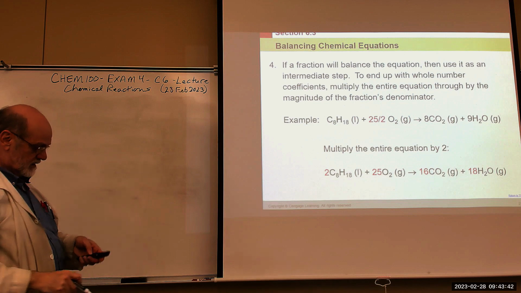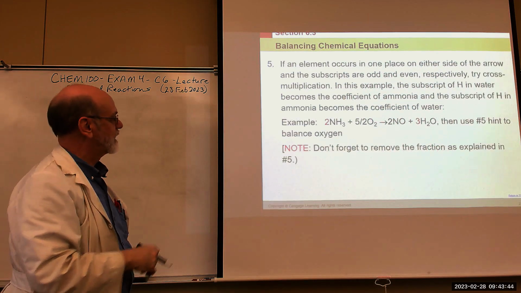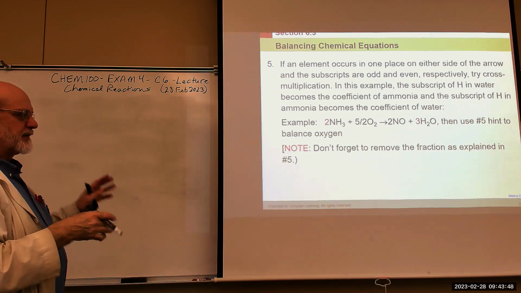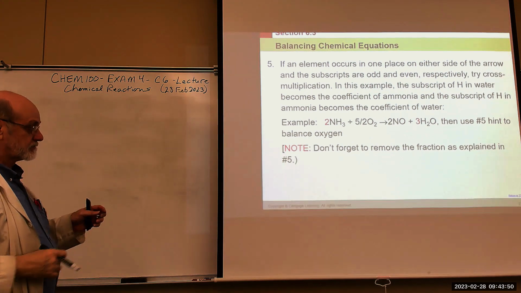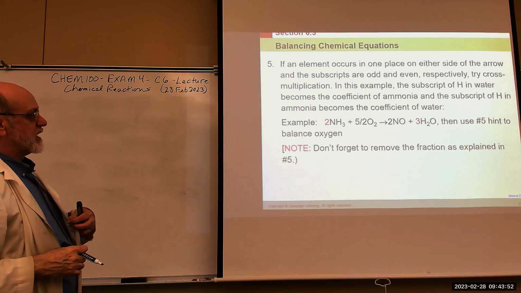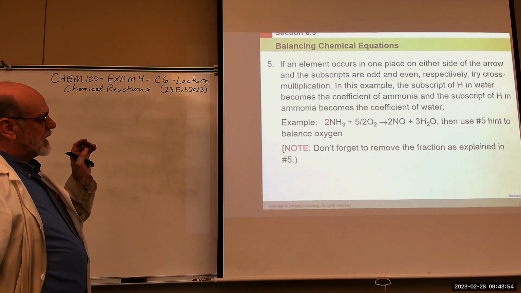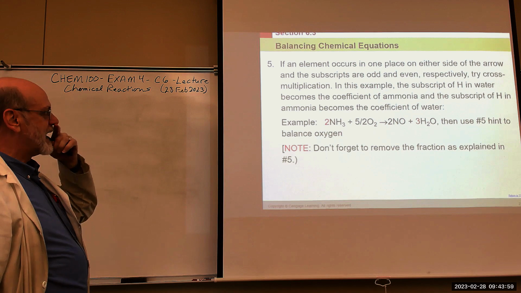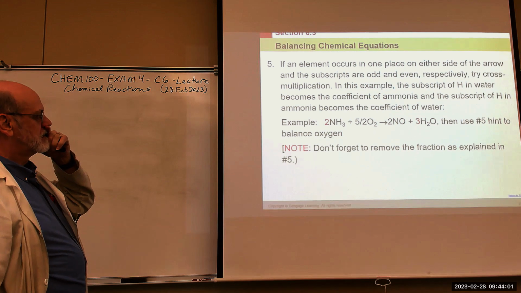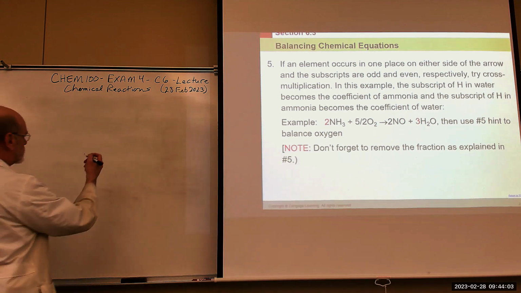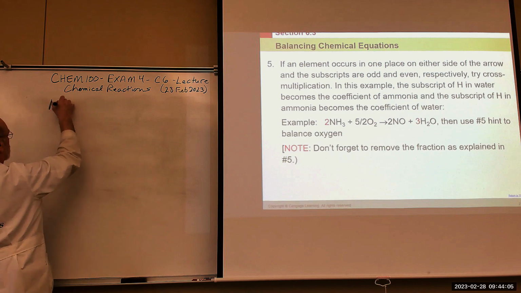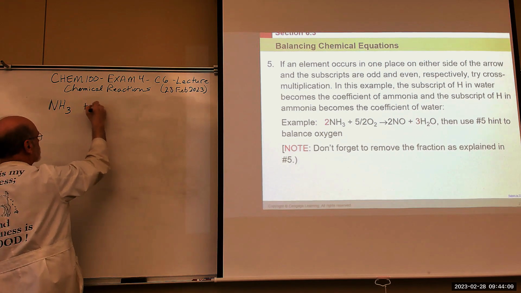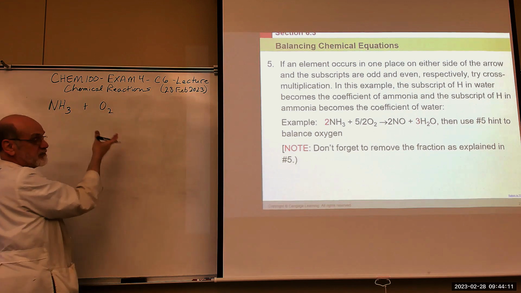All right, let's see what else we got. This one is a little more difficult. Okay, so in this case, for this hint, we have ammonia gas reacting with oxygen. So we're effectively burning ammonia.